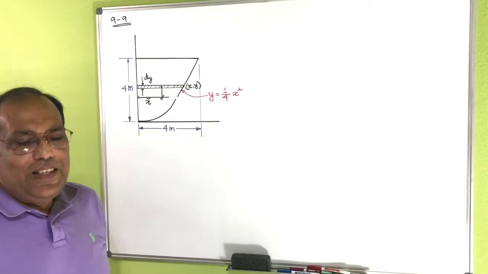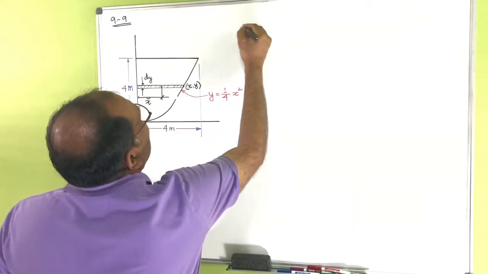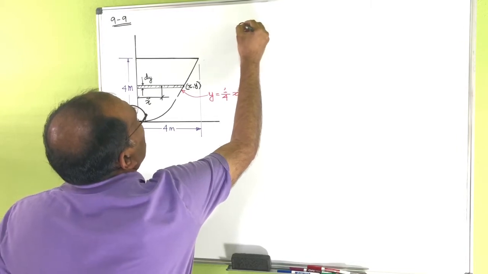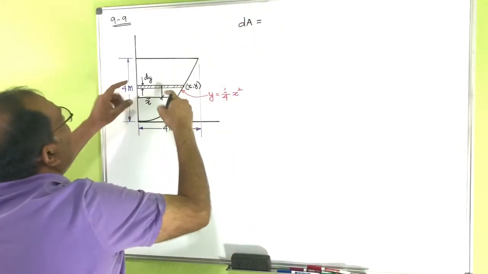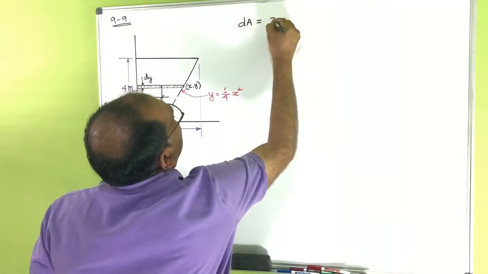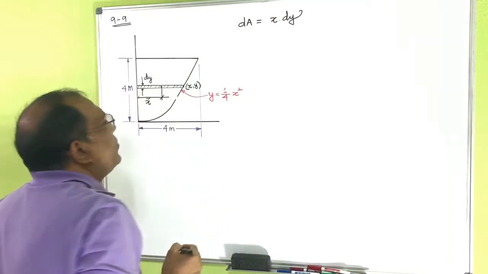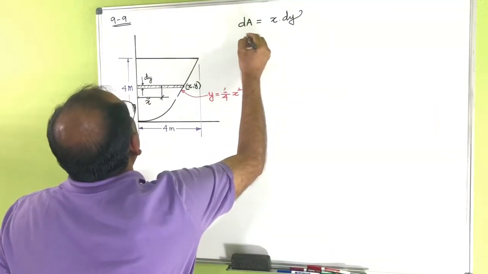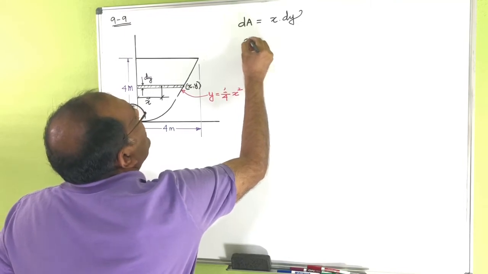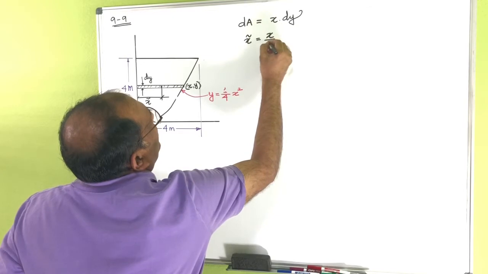Okay, so if I try to show that one here, then first of all you see your dA is equal to x into dy, right? And you can also see your x tilde, that is actually x by 2.